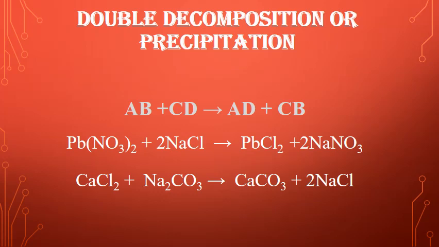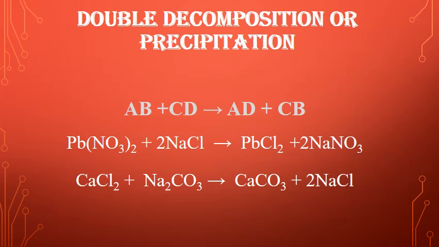In AB, A is the basic radical, B is the acidic radical. In CD, C is the basic radical, D is the acidic radical. So when they exchange, D comes in place of B, so it forms AD, and B occupies the place of D, so you get CB.